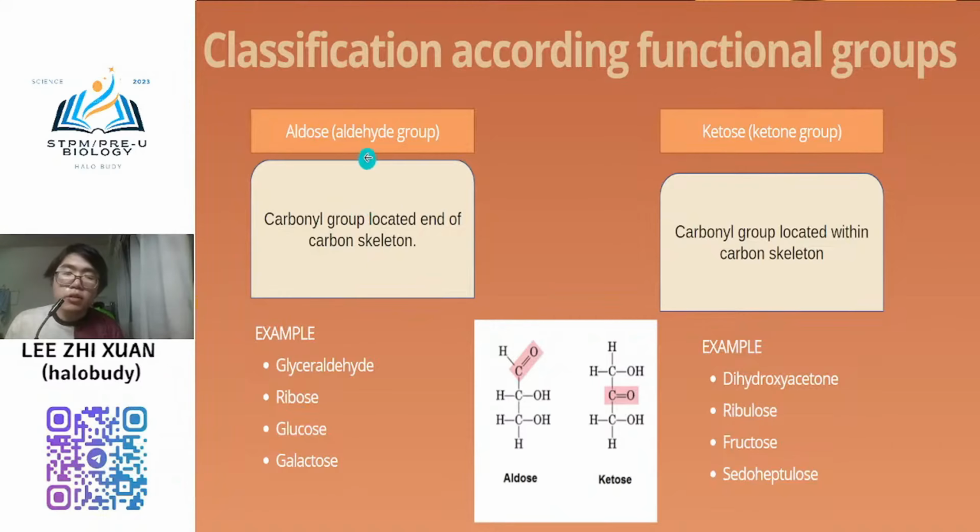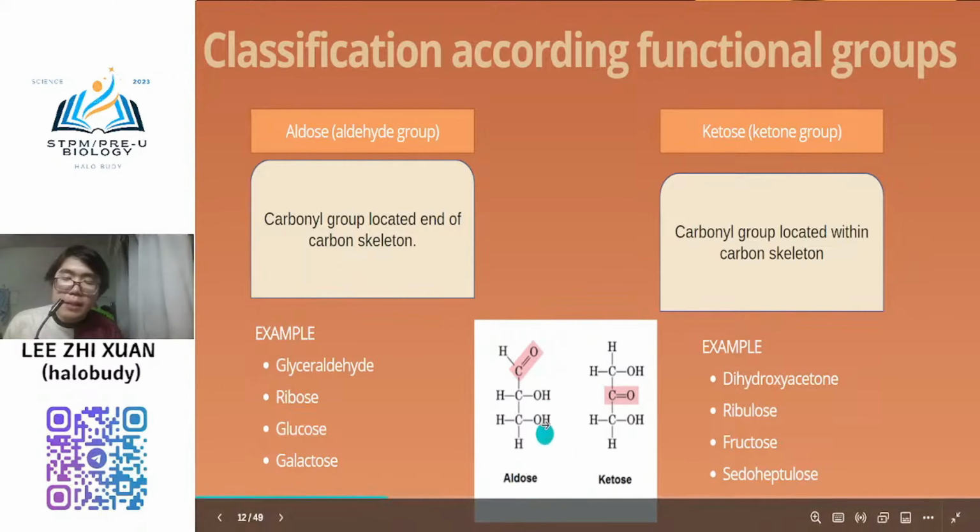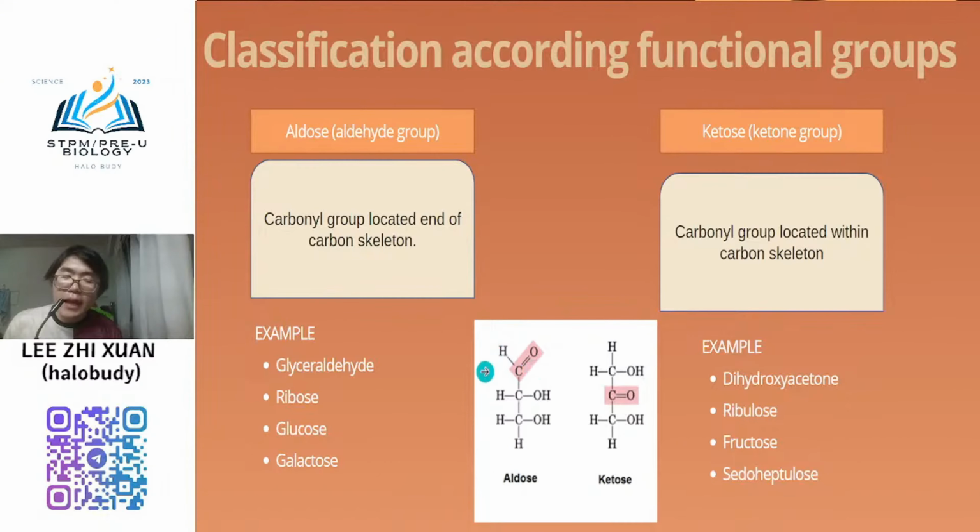As you guys know, aldehyde is where your carbonyl group is at the end of the carbon skeleton. Meaning that in this example, your carbonyl group C double bond O is at the end of the carbon skeleton, at the back. But if you compare to ketose sugar, your carbonyl group C double bond O is in the middle.